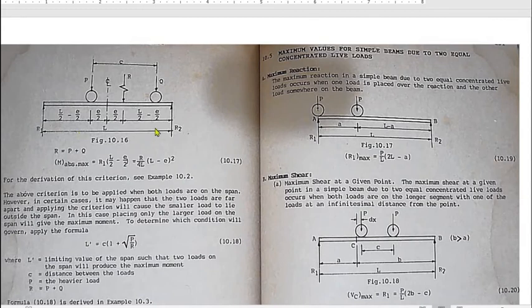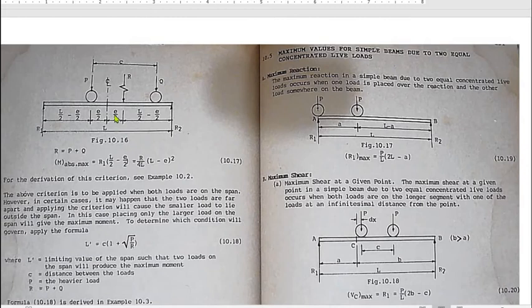Okay, tapos meron tayong eccentricity. Ngayon, yung eccentricity na yan, that is the distance from the resultant to point P. Para ma-maximize mo yung moment ngayon, ilalagay mo yung gitna between P and R, ilalagay mo yung gitna niyan coinciding with the center of your beam, which is E over 2 and then E over 2.